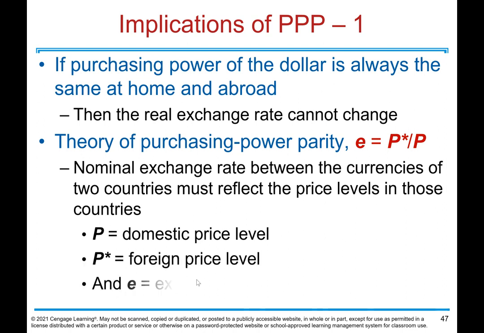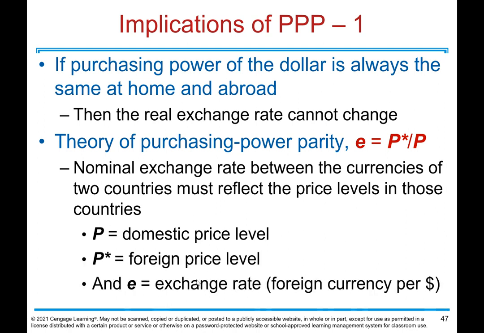Implications of PPP. If the purchasing power of the dollar is always the same at home and abroad, then the real exchange rate cannot change. By the theory of purchasing power parity, E is equal to P star over P. The nominal exchange rate between the currencies of two countries must reflect the price levels in those countries.